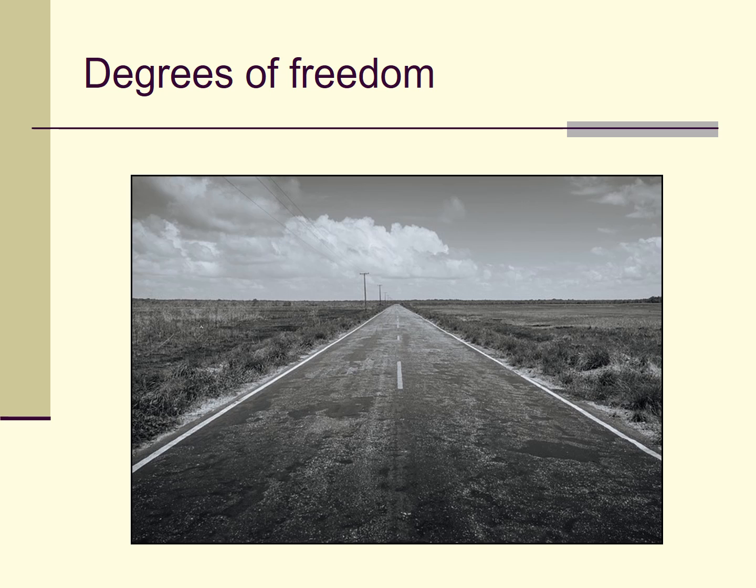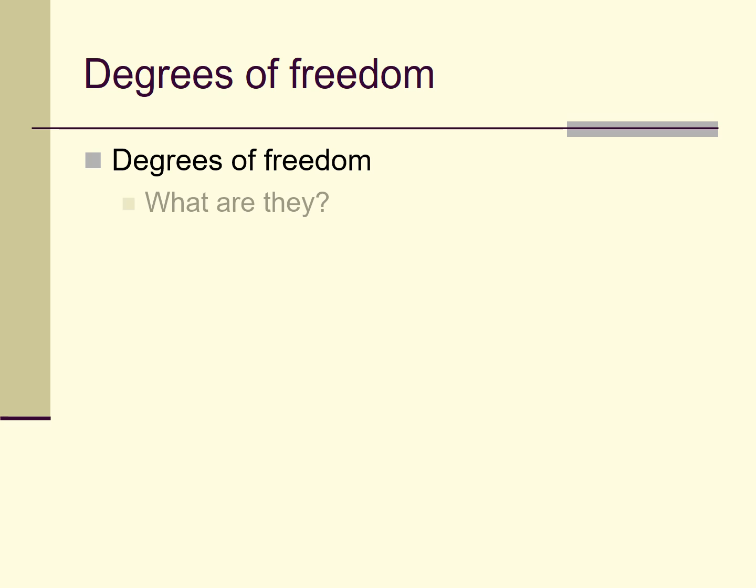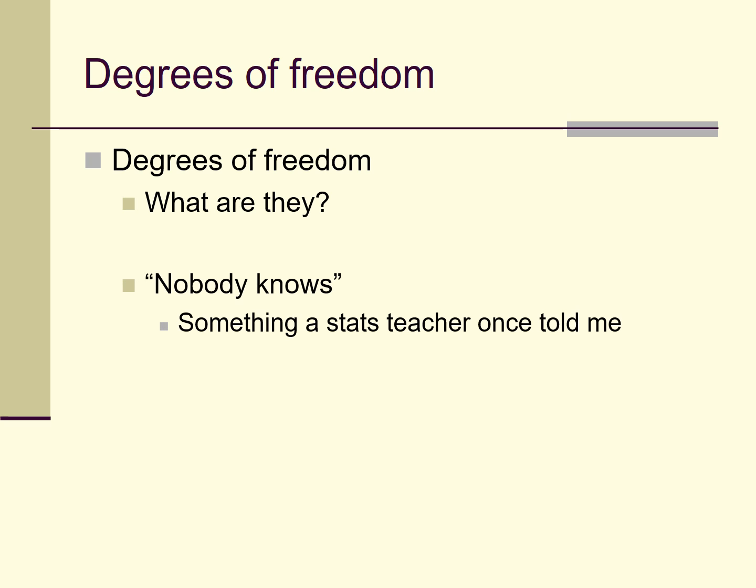So degrees of freedom. It's kind of hard to come up with a good graphic for a slide on degrees of freedom, but when I looked through some of the sources I typically go to, the word freedom kept returning pictures of distant horizons and open vistas, and so I suppose that's what we got here. Degrees of freedom, the vanishing highway in front of us. So what are degrees of freedom? Well, no one knows. That's actually not true. That's just something a statistics teacher in graduate school once jokingly told me.